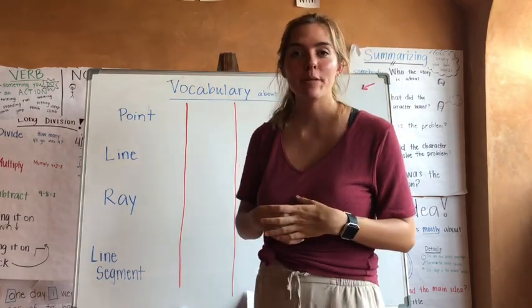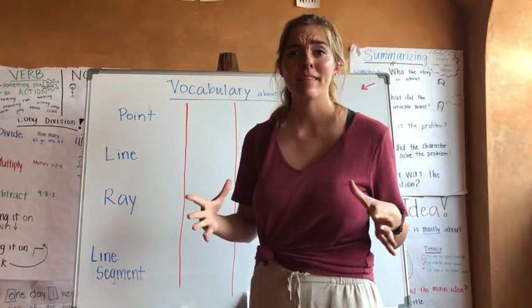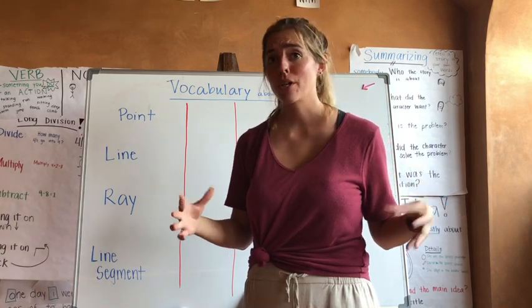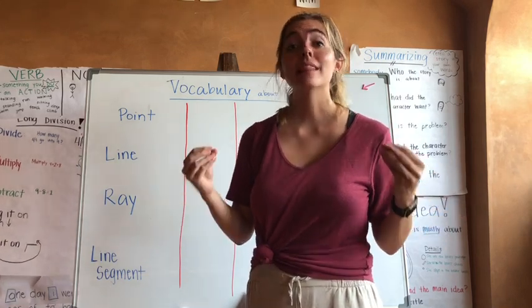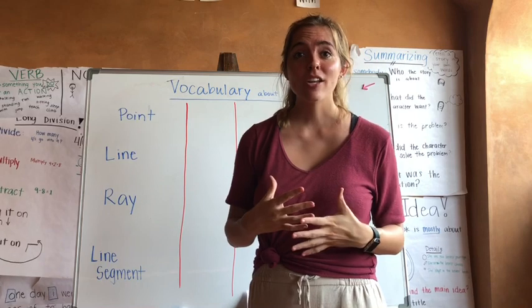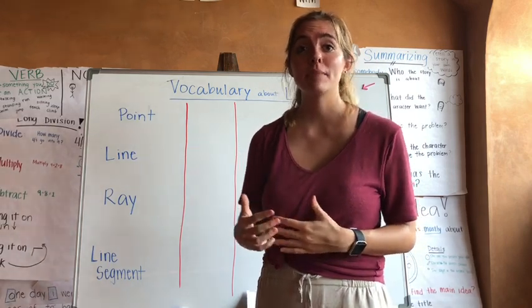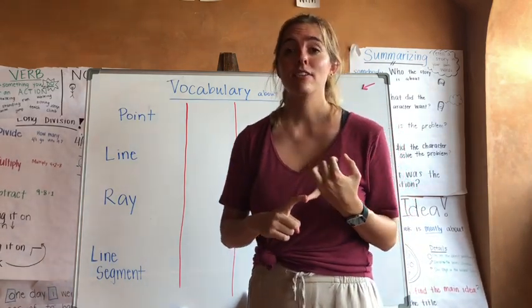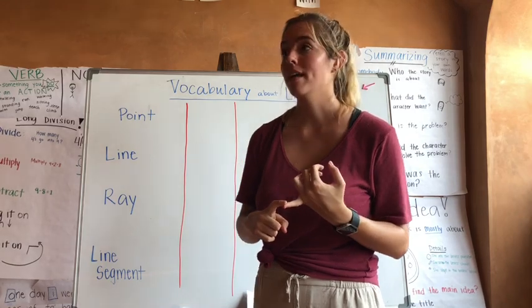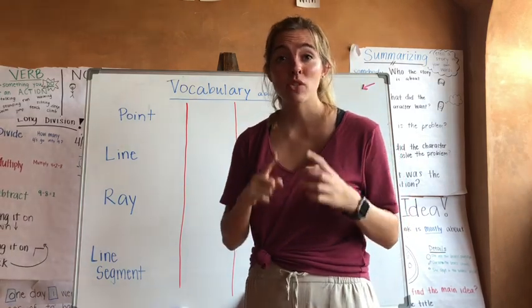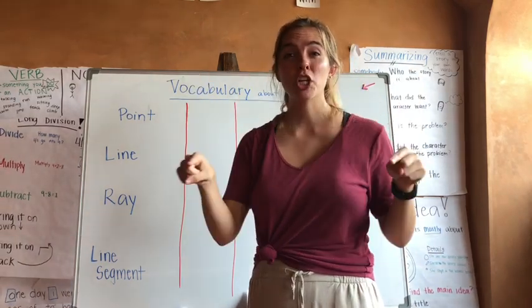Today we're going to be talking about lines, and you might be thinking, why in the world do we need to be talking about lines? Well, lines are super important. Lines can be used in art, if you're drawing, or in math, if we're drawing shapes or talking about perimeter of something.